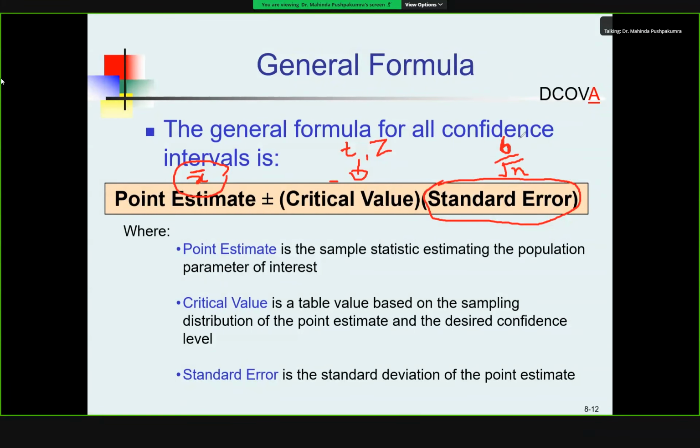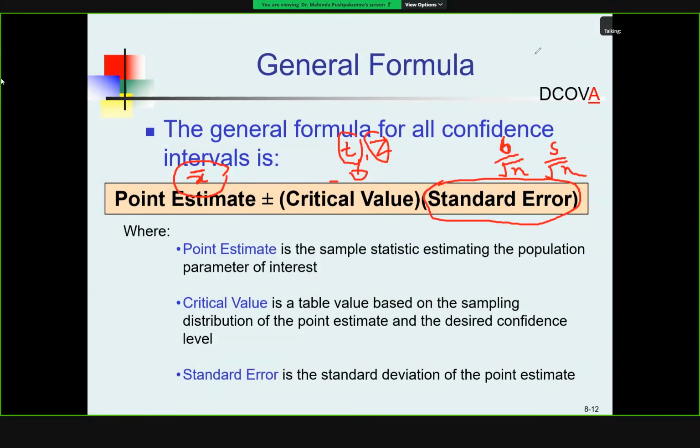If it is unknown, standard error is equal to sample standard deviation divided by square root of n. Then here T, the critical value. To get the critical value, you have T table and the Z table.